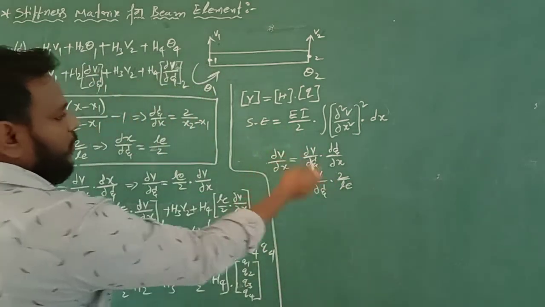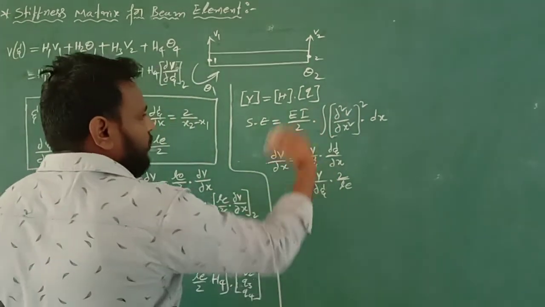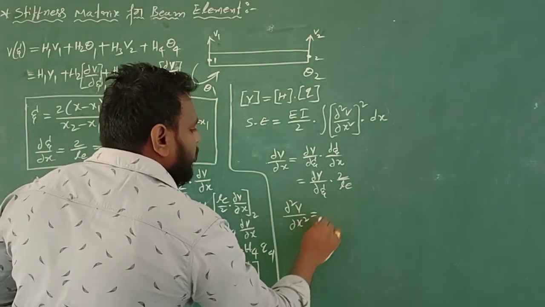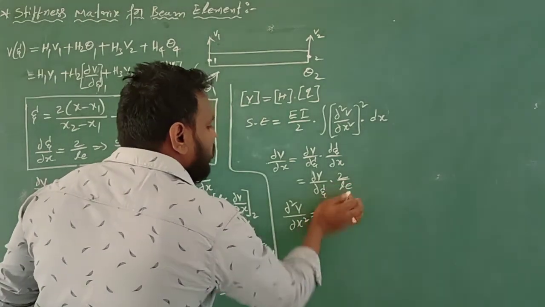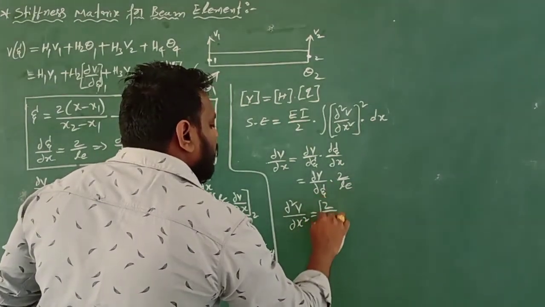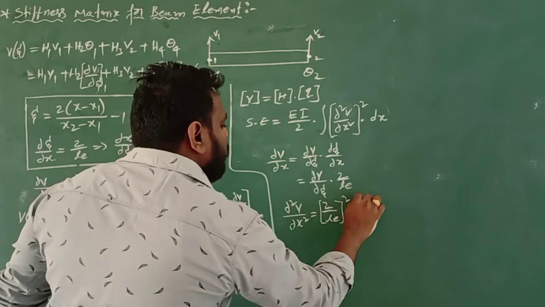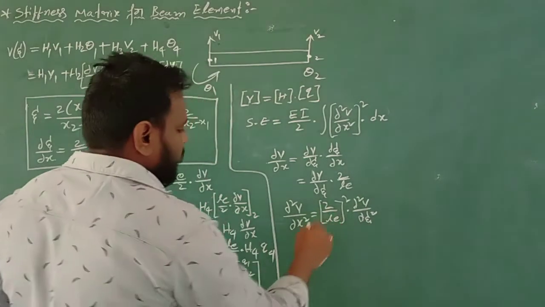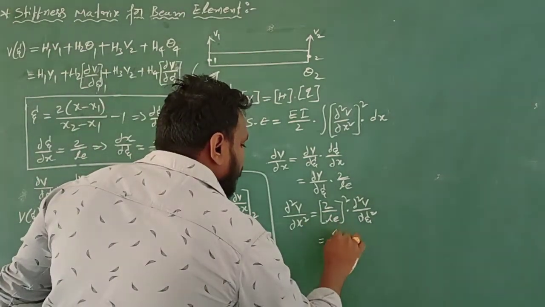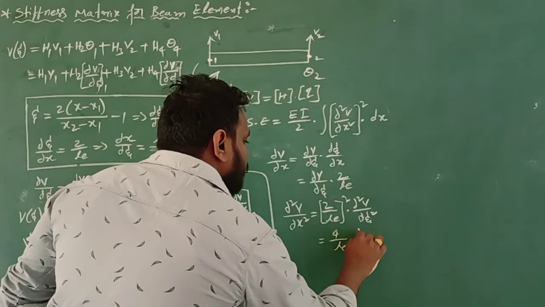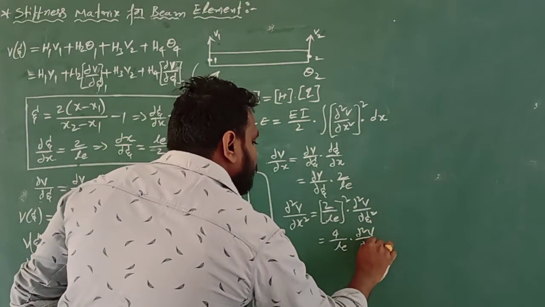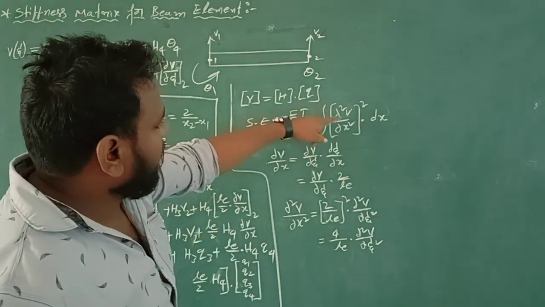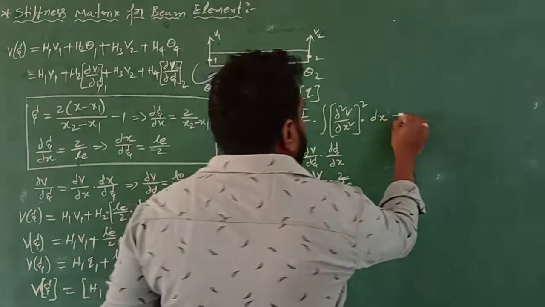Squaring, dou square V by dou x square is equal to (2 by LE) whole square into dou square V by dou j square. So this will become 4 by LE square into dou square V by dou j square. This is equation number A.